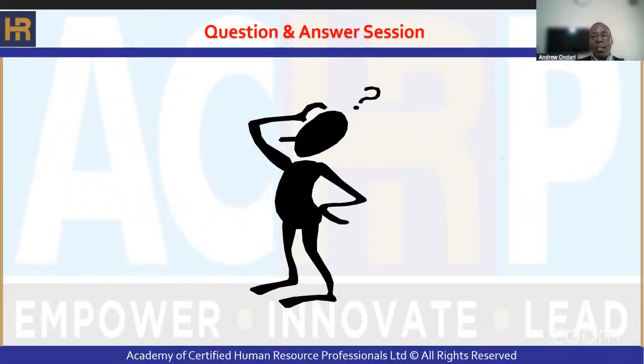So an offer can be rejected at two stages. One, when they are being onboarded, the information they get about the organization can lead to somebody rejecting an offer.